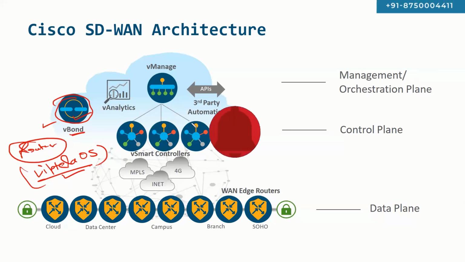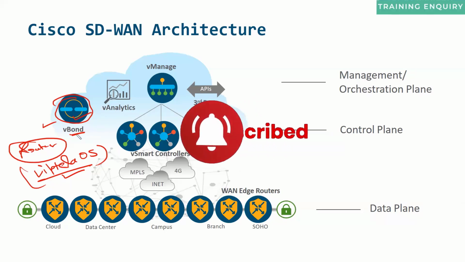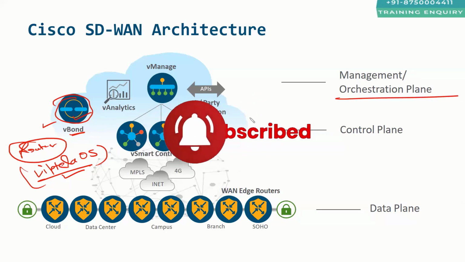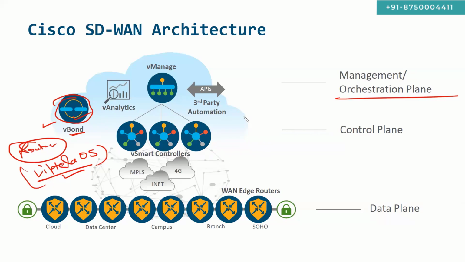But why would you spend that much money on a vBond? Because it is just an orchestrator. It helps different components of Cisco SD-WAN to talk to controllers. That's what it does. It is not handling user data. If it is not handling direct user traffic, if it is not participating in the data plane, then what is the need of having a physical managed router configured as a vBond?